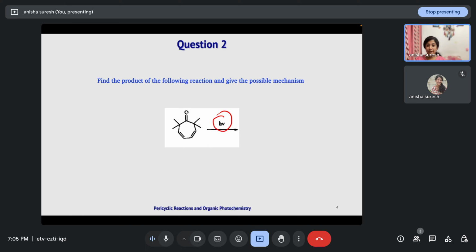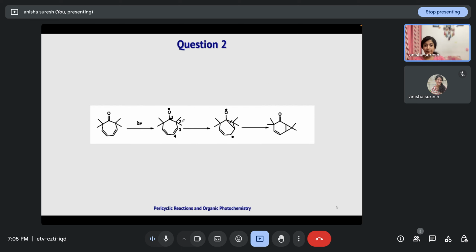So under photochemical condition, this carbonyl will excite, leading to formation of an O radical and carbon radical. Then what will happen? We will see the mechanism. Upon excitation, it will form an oxygen radical and carbon radical. Then this carbon radical will react with this double bond, resulting in the formation of a cyclopropane and a secondary radical.